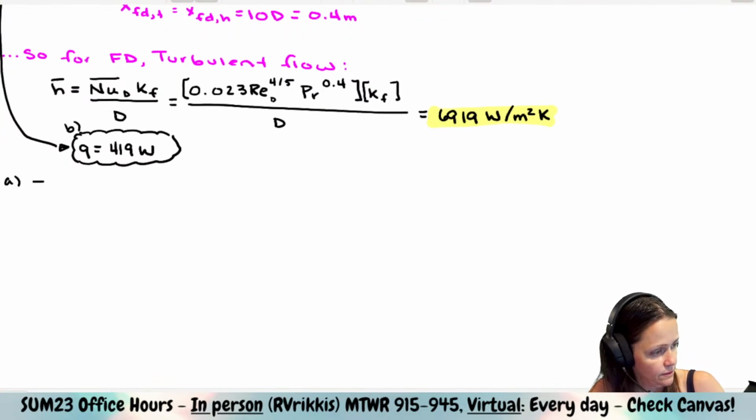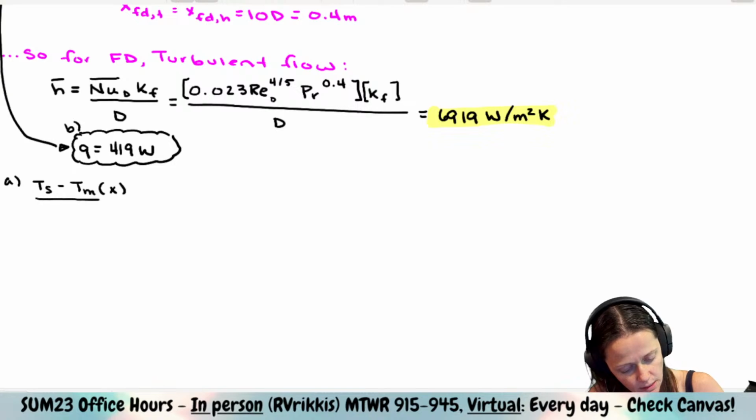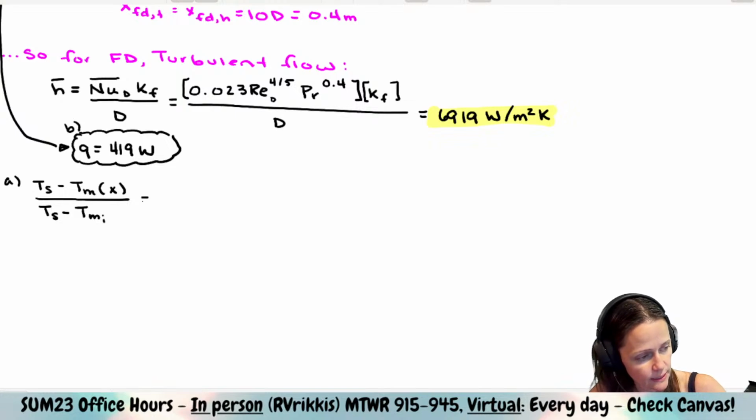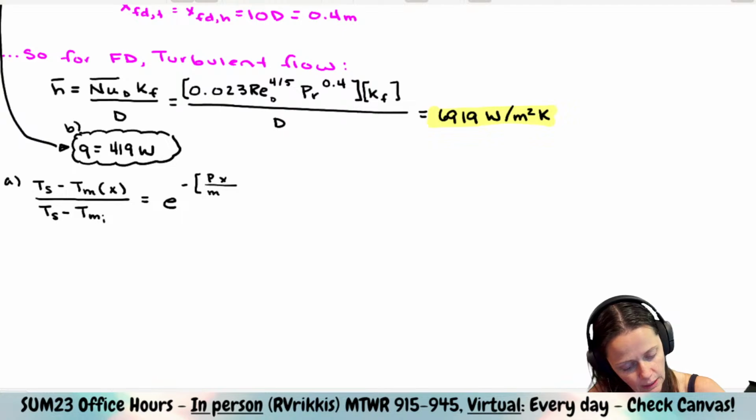So I have Ts minus Tm at some location x over Ts minus Tmi, and this is equal to e to the negative perimeter times x over m dot Cp h bar.